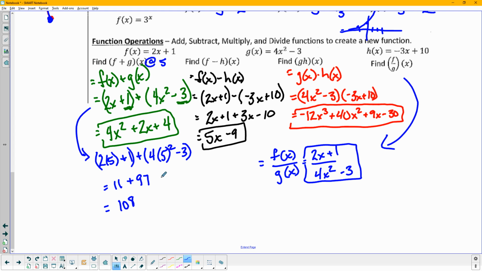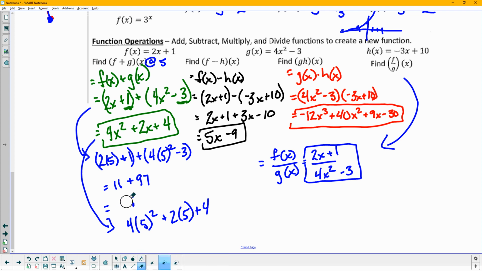And if everything was done right, if I plug it in here, I should get the same thing. 4 times 5 squared plus 2 times 5 plus 4. Sorry, that's 118. And that makes a little more sense.